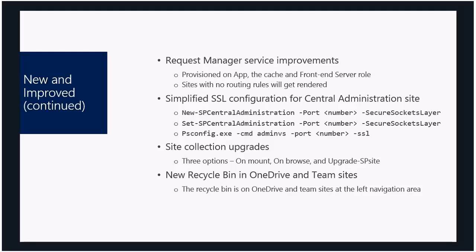Today, I will also give you some information about the roadmap to upgrade your farms from the older versions into the SharePoint 2016 farm. With SharePoint 2016, we have a link to the recycle bin in the left navigation area for your OneDrive and the team sites.